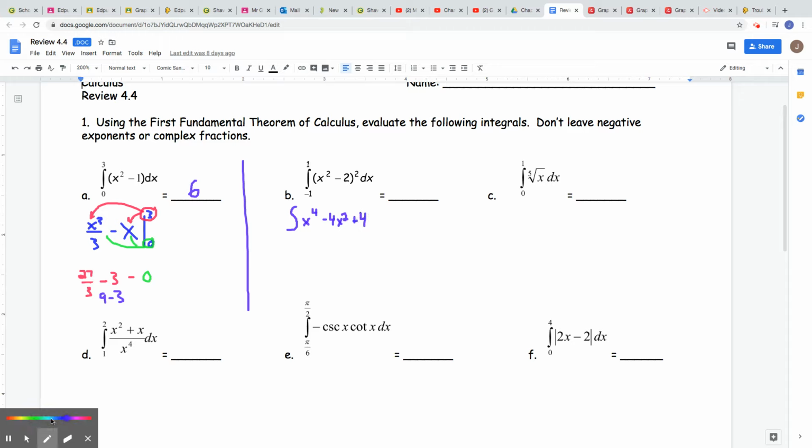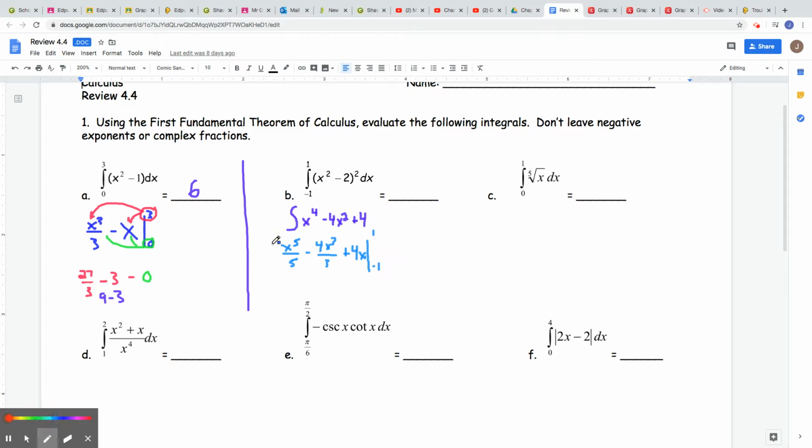Now we want to integrate this. So this is x to the 5th over 5 minus 4x cubed over 3 plus 4x. And we're going to plug in 1 first, and then we're going to plug in negative 1.